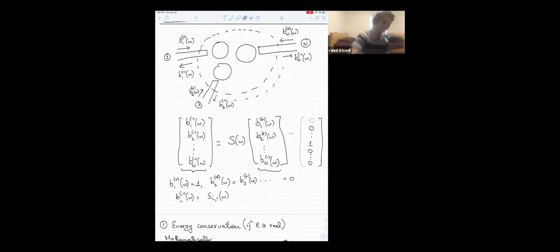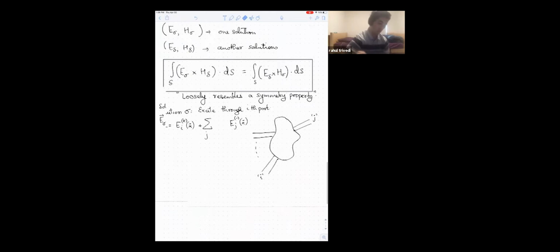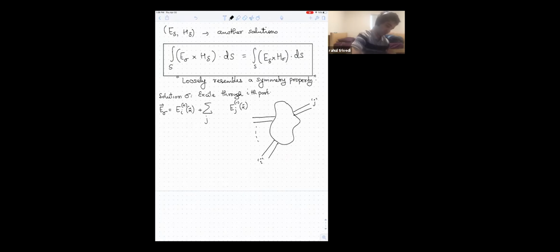This is just equal to S of J comma I multiplied by EJ. Does this make sense? You're exciting only one input and you're looking at the amplitudes of the backward propagating waveguide modes, which is essentially just your scattering matrix. Similarly for solution delta. And as I already remarked, but it's a good idea to repeat, this is only true for fields inside the waveguide.